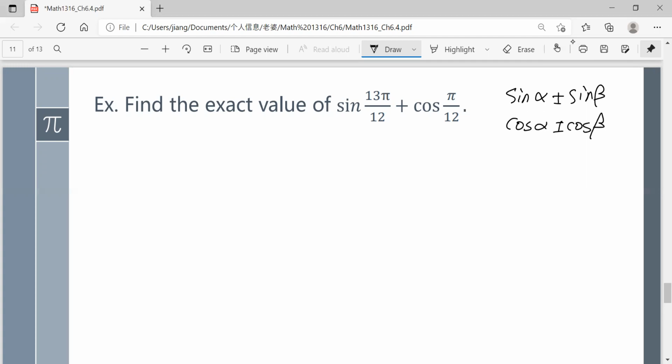We don't have a formula for sine plus cosine, so we need to convert this one to sine, so both are sine terms and we can add them together.